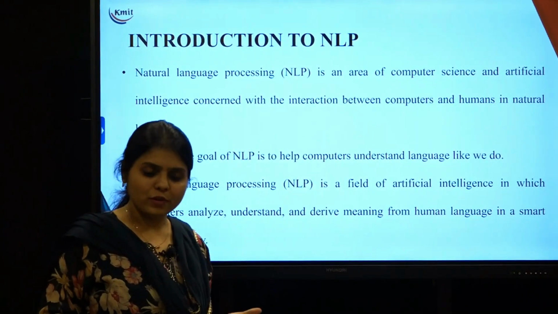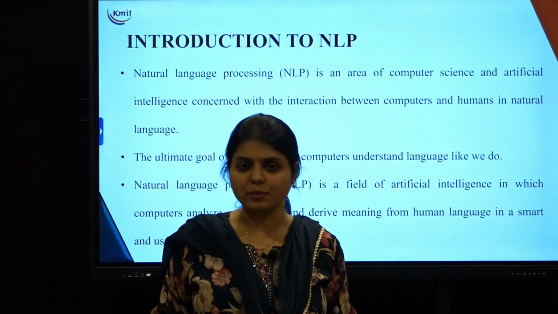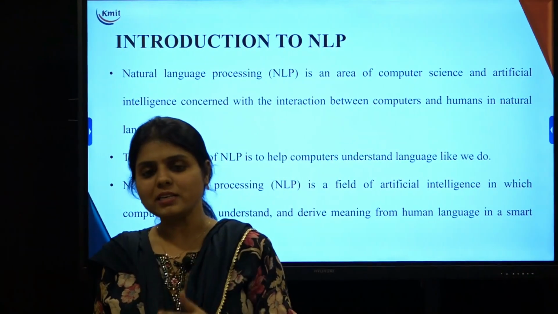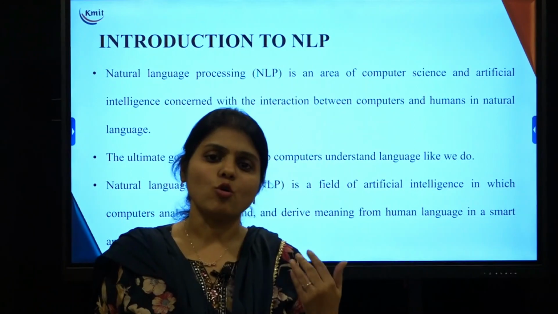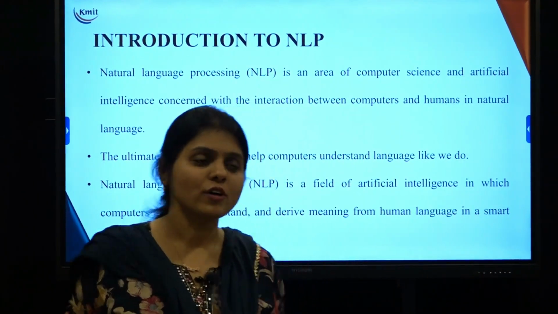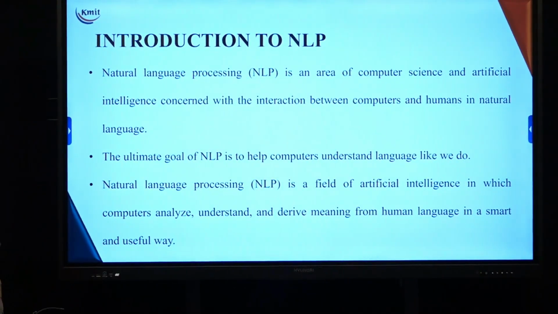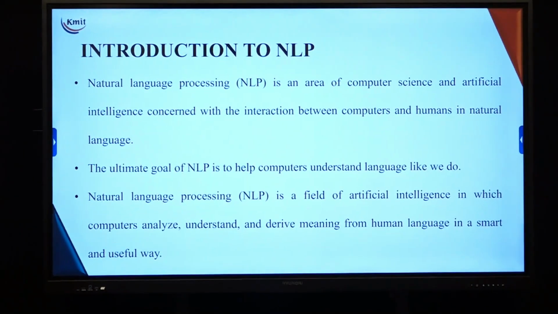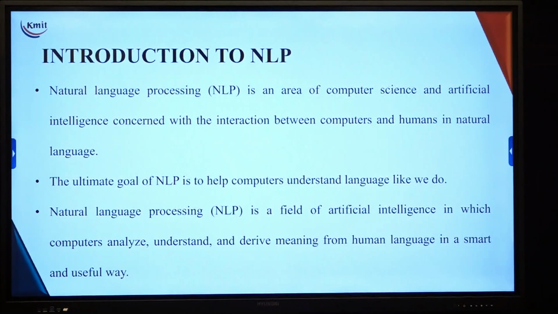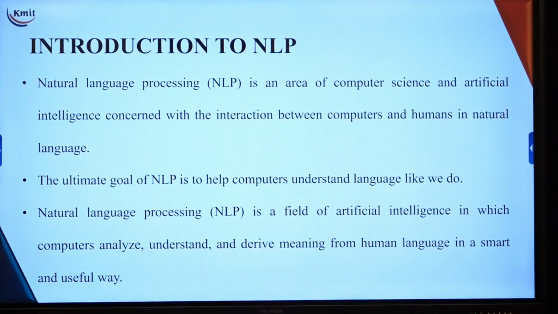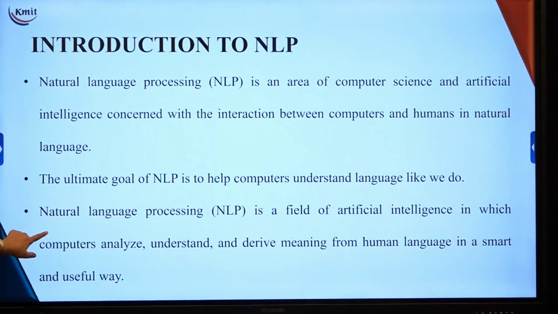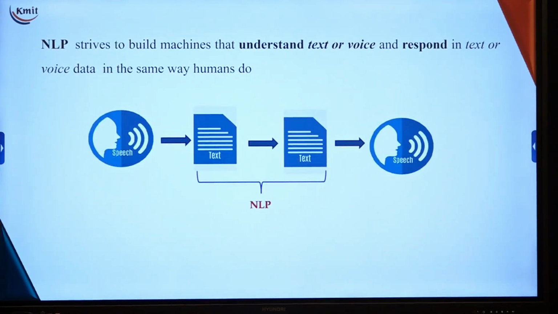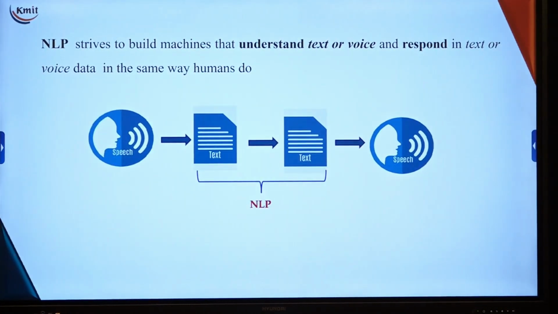As we have earlier studied machine learning and deep learning, along with them, NLP is also another subset of AI. Here the computer understands, analyzes and derives the meaning from the human language in a smart and useful way. This is the basic definition of NLP. So what does NLP actually do?